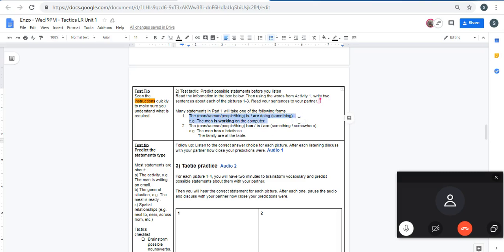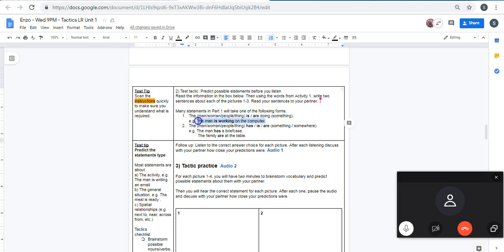The man, women, people, things, is, are, and doing some things. Okay, so that can be a possible statement. They just added the nouns here and the verb. Okay, so we have an example.